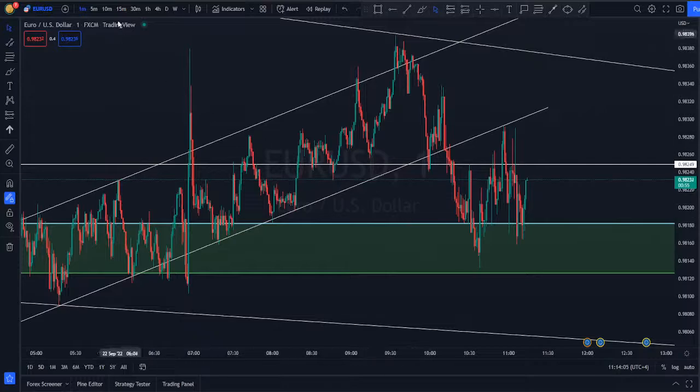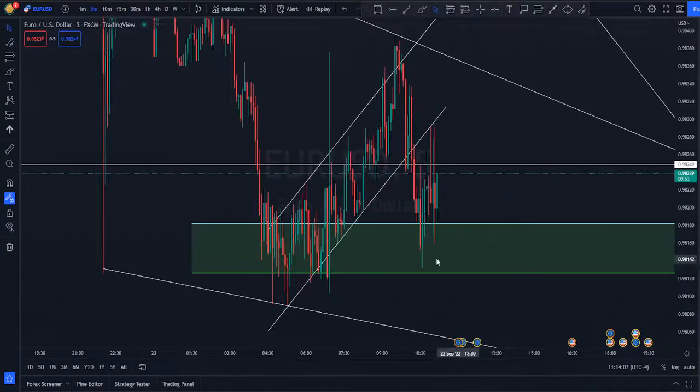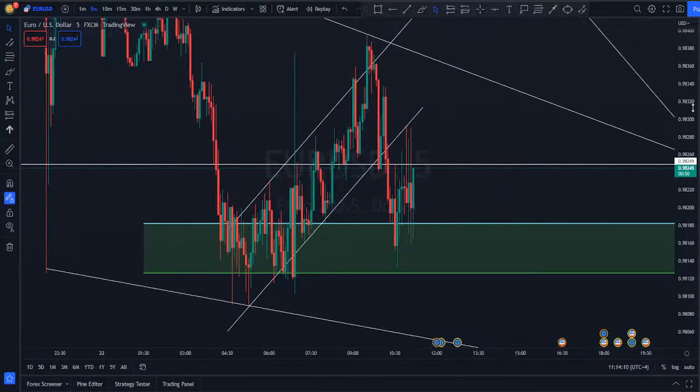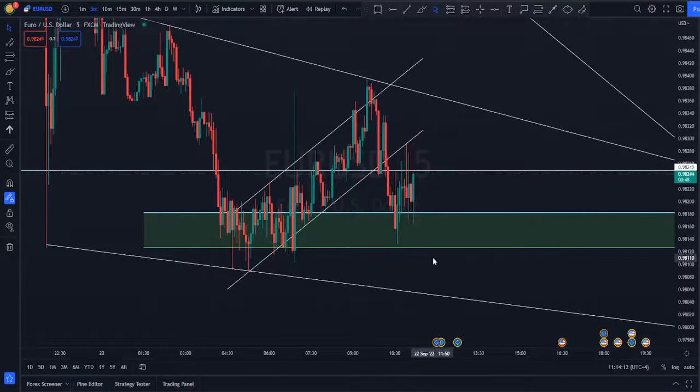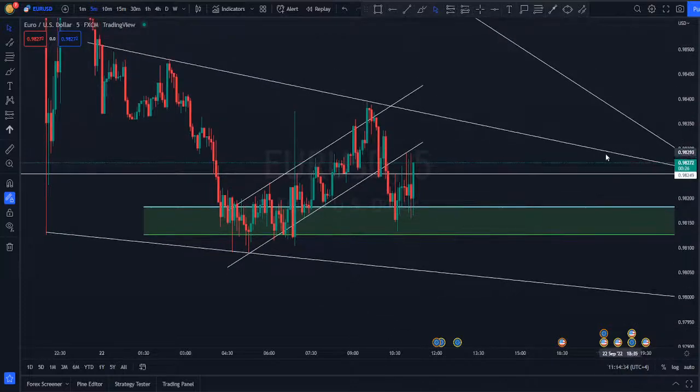I jumped in around here and this guy is not moving, so I'm pretty much not comfortable with this trade, but then something must happen. Okay, is it that price should go to this area so I can close 50%, or price should please go to my take profit, or if I close 50%, let it go and let the 50% that is left hit my stop loss. Whichever it's going to do, let it do it fast, because it's just wasting my time.